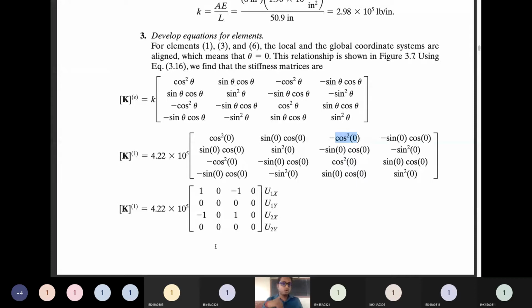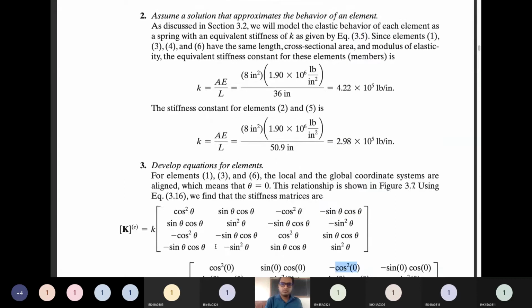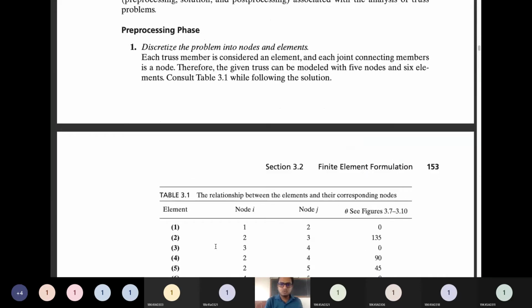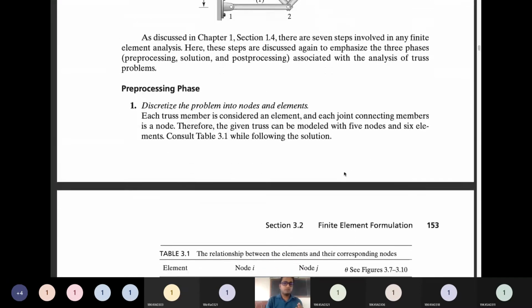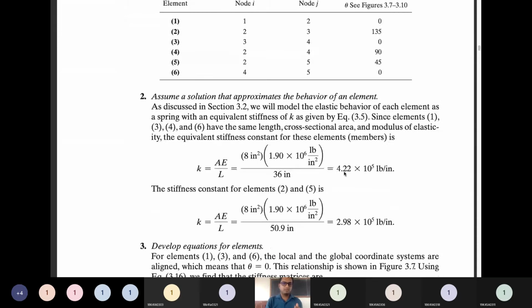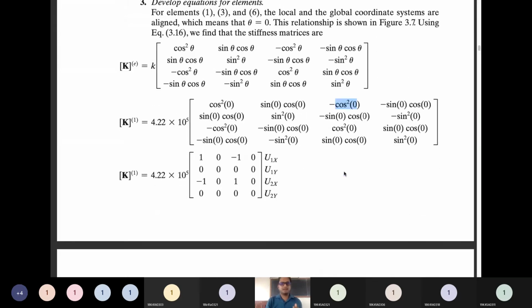Now, as I have told you earlier also, here we have 5 nodes, node 1, 2, 3, 4 and 5. At every node you have 2 degrees of freedom. So 5 into 2 will become 10. So the order of the global stiffness matrix will be 10 cross 10.